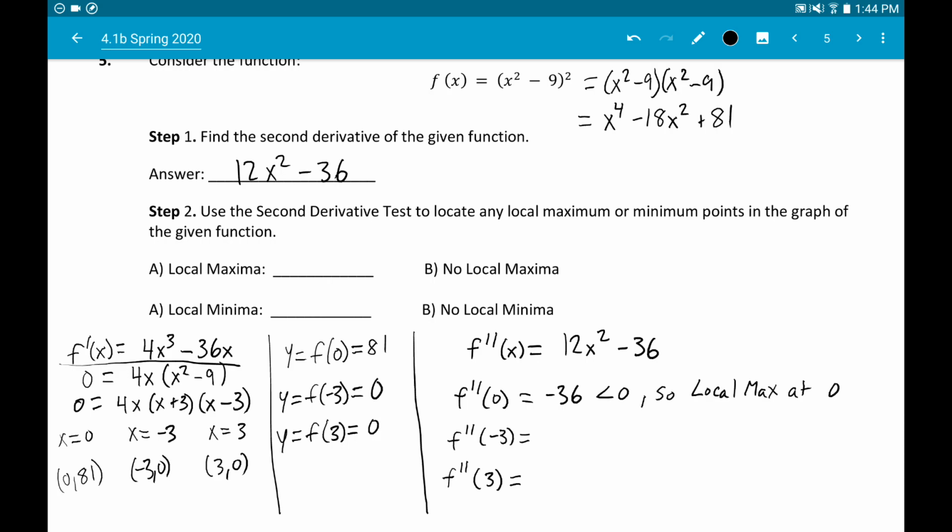Okay, if we plug in negative 3, negative 3 squared times 12 minus 36, I get 72. That's positive, so you have a local min there. And then if you plug in positive 3, you're also going to get 72. So that one's also a local min.